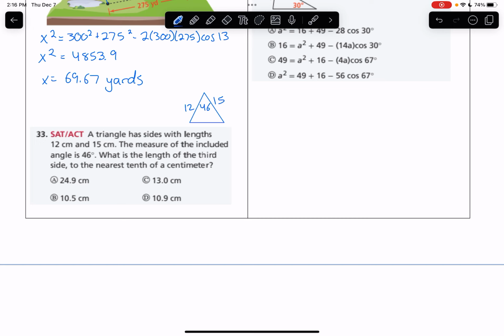We want to find the opposite side. So we would do x squared equals 12 squared plus 15 squared minus 2 times 12 times 15 cosine of 46. When you put that into your calculator and solve it, you get 100 and something really small. Take the square root of that, and we get 10.9 centimeters.